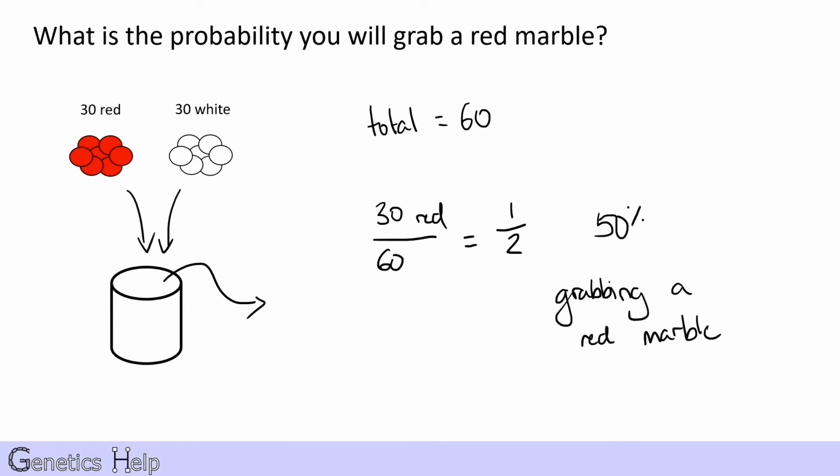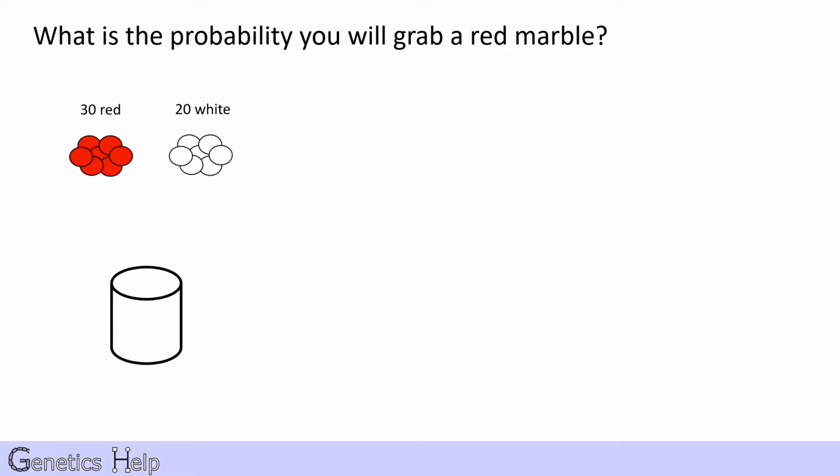Okay, so what we're going to do is change the total number and then renormalize our values. So it's the same scenario, but what we've done is we've removed 10 white marbles. Okay, so our total was 60. We removed 10. So now our new total is 50.